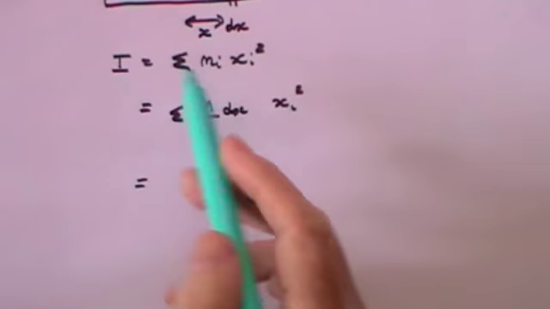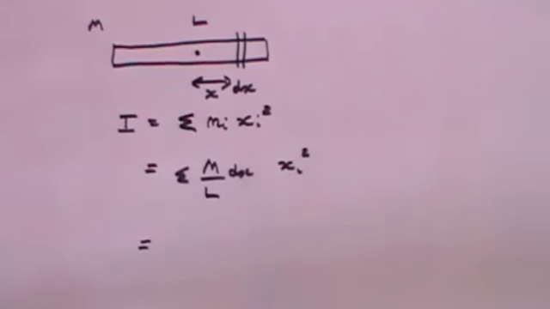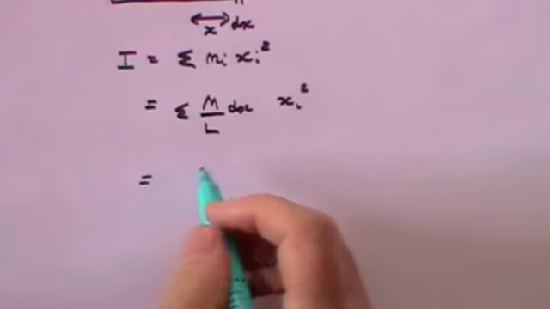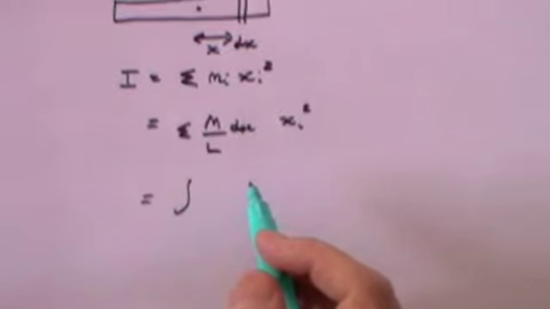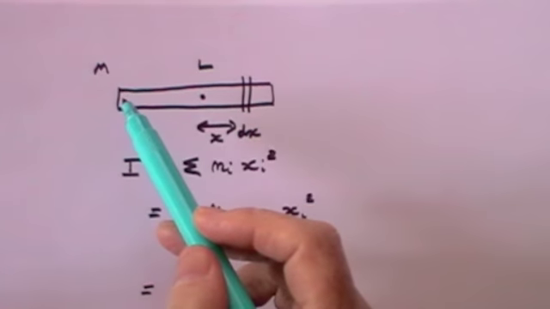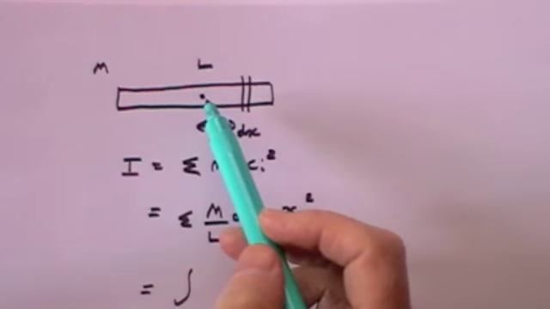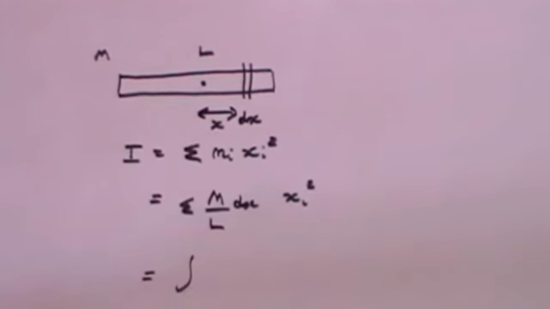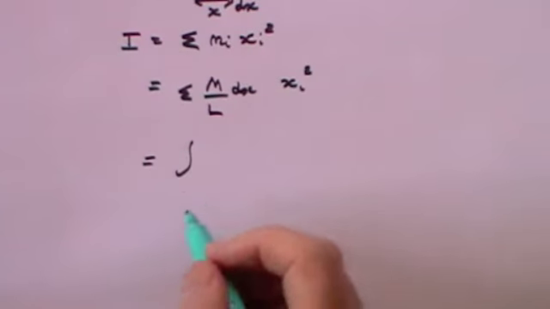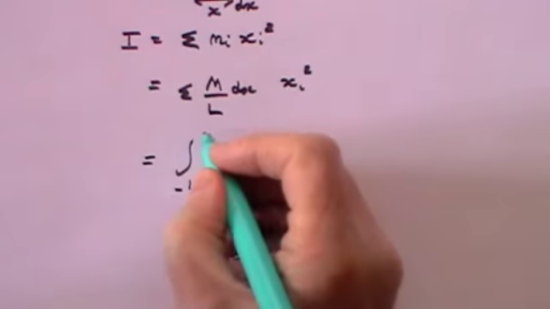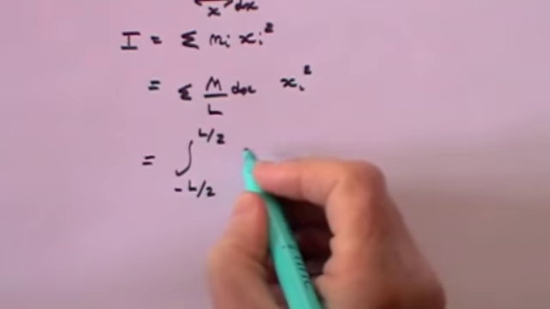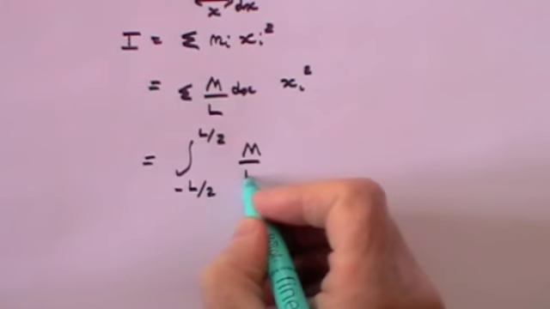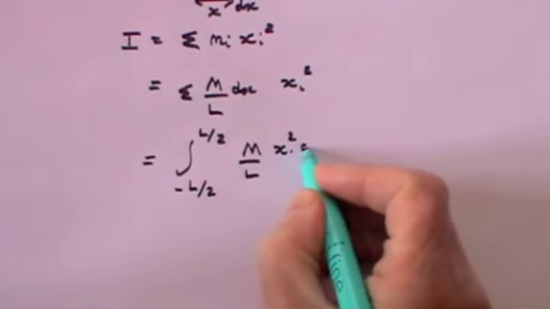And that, once again, because it's continuous, we replace it by an integral. So now you've got an integral not from 0 to L, because it goes from minus L over 2 to 0, since this is, as it were, the origin. So minus L over 2 to 0 and 0 to L over 2. So the total integral now is from minus L over 2 to plus L over 2 of this term here, m over L x squared dx.